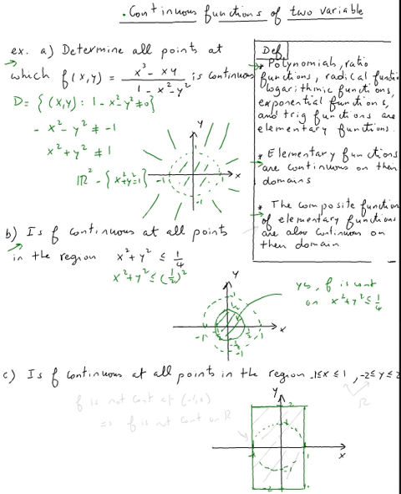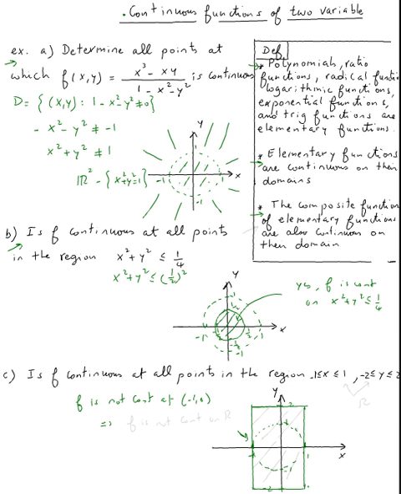So is f continuous on this region? Of course not. You can use any point. You can use, for example, this point. So f is not continuous at the point negative 1, 0, because it's not in the domain.